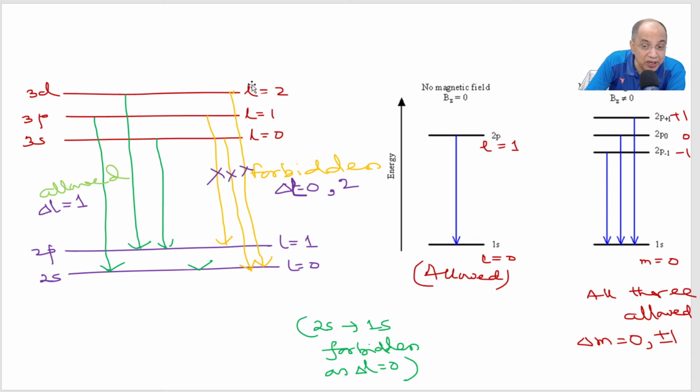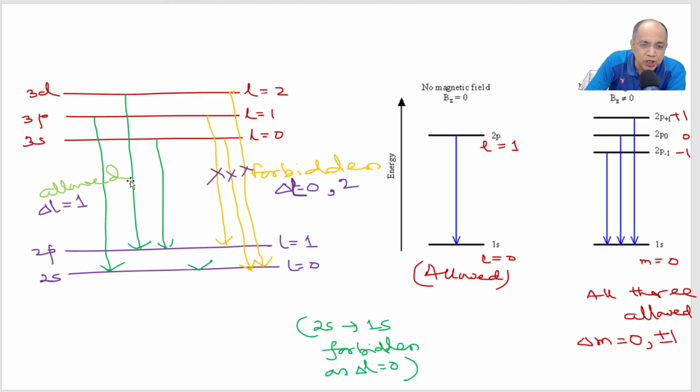And 3d to 2s, delta L is equal to 2. So 0 and 2, they are forbidden transitions. And which are allowed? 3p to 2s is allowed, delta L is equal to 1. Plus 1 or minus 1 doesn't matter. I have not written the sign, because it is always from the final state to the initial state. So 0 minus 1, that will be minus 1. Doesn't matter. Plus minus 1.